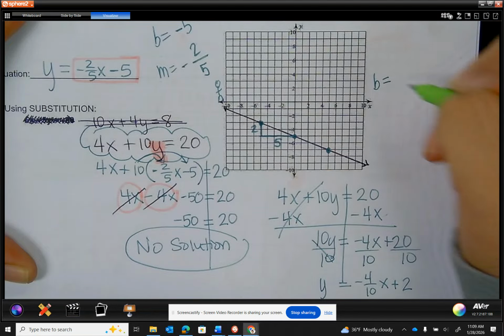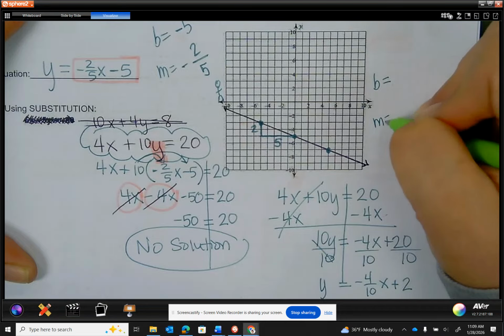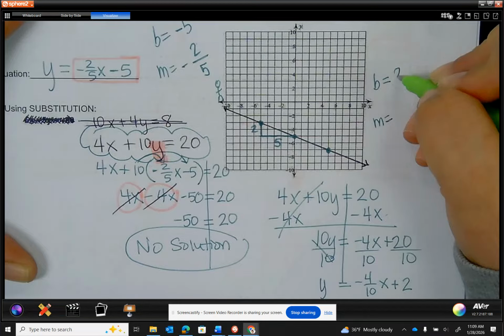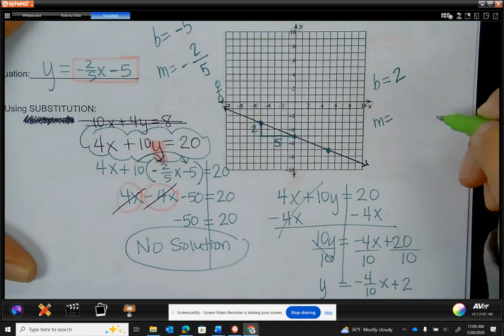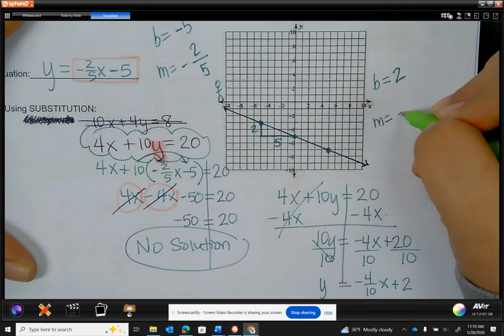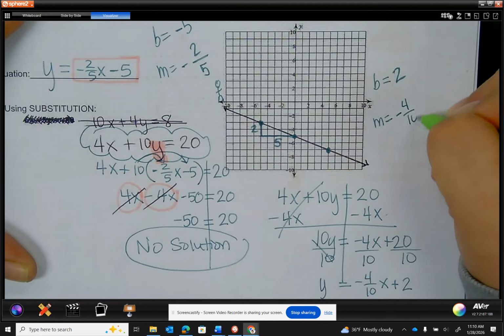What's the y-intercept of this equation and what's our slope? Y-intercept is 2. And our slope is negative 4 over 10.